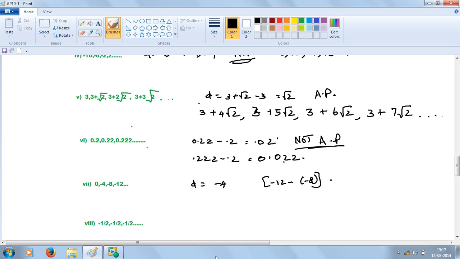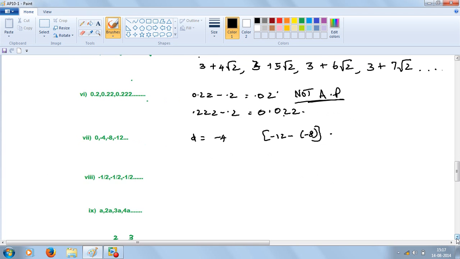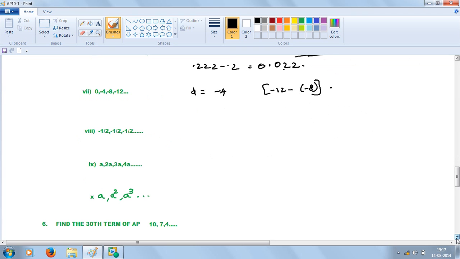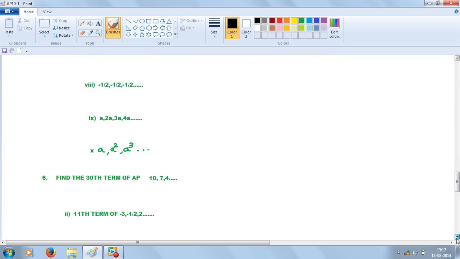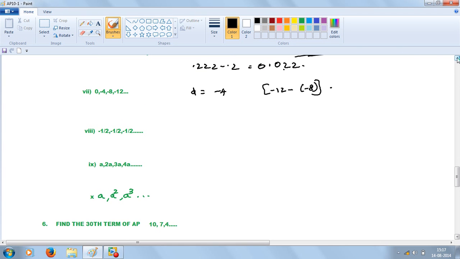Common difference: whether the figure is decreasing or increasing, you observe carefully. So question number 8, you see the figure is half, half, half, it is constant. So the difference is equal to 0. So it is an AP. It's a constant AP, that is no problem.